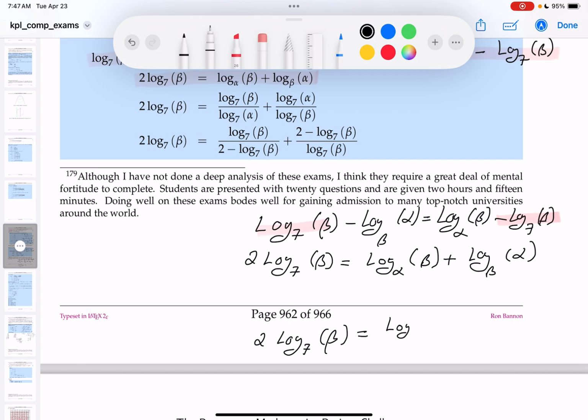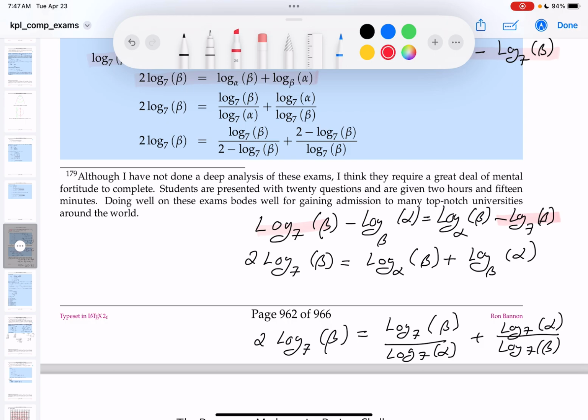So log base 7 of beta over log base 7 of alpha, using the base change formula, plus log base 7 of alpha over log base 7 of beta.